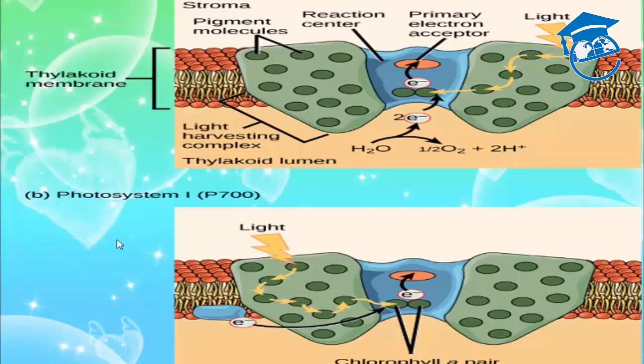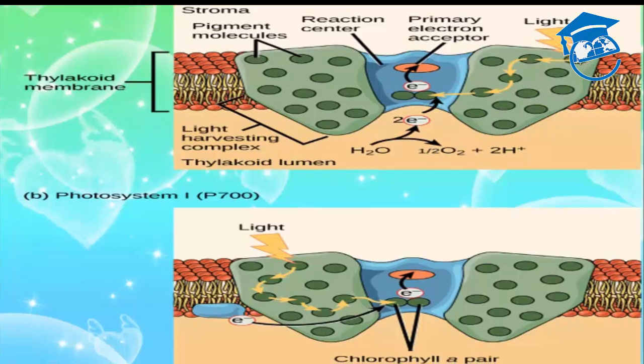So this is your typical representation of a thylakoid. This is the thylakoid membrane. These are the pigment molecules. This is the reaction center. This is the primary electron acceptor. Here these are also pigment molecules which are embedded.